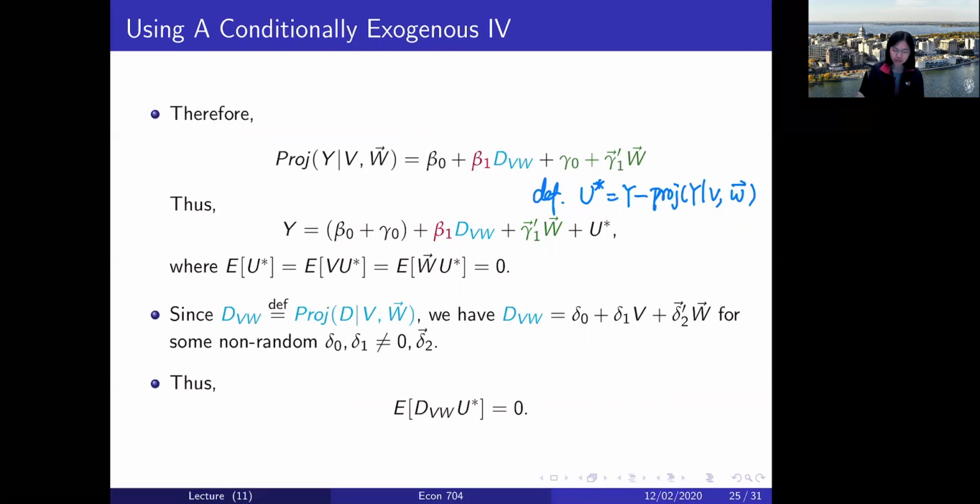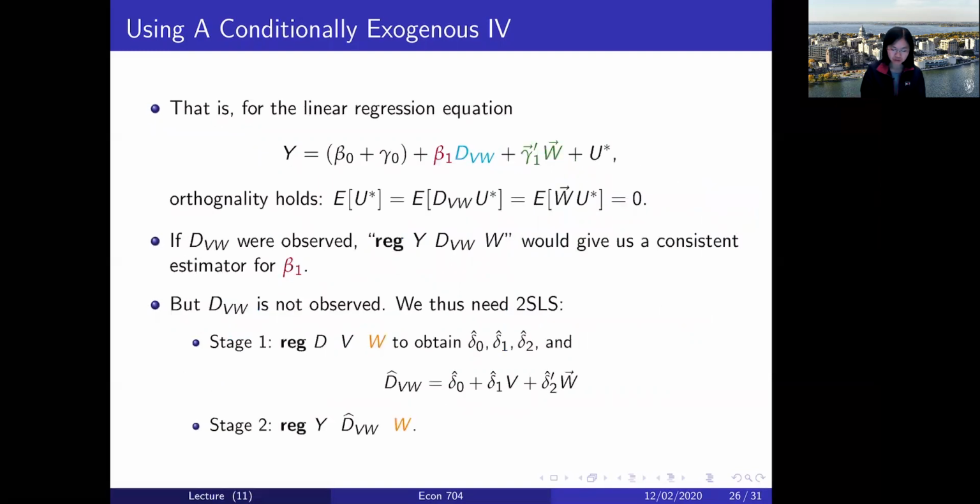If you do observe d_vw, you can regress y on d_vw and w, and that will give you a consistent estimator for beta 1. So the coefficient on d_vw from this OLS regression is a consistent estimator for beta 1, for the causal effect.